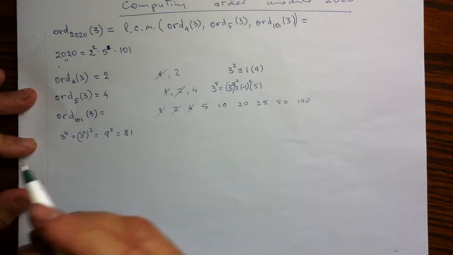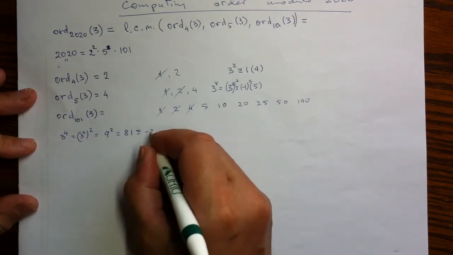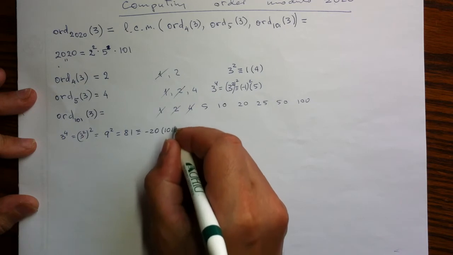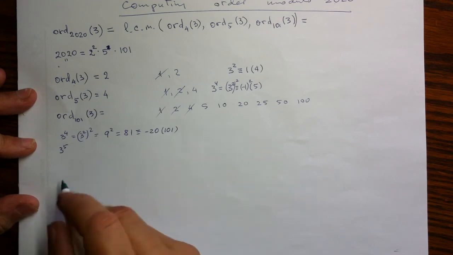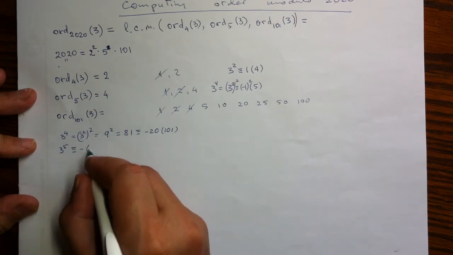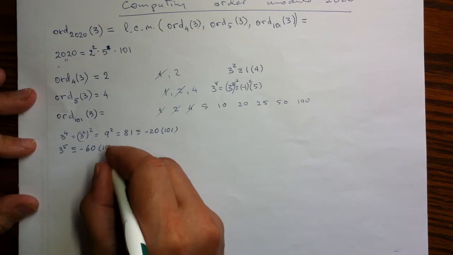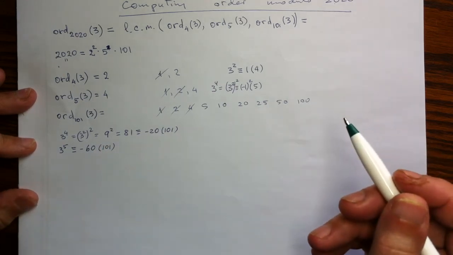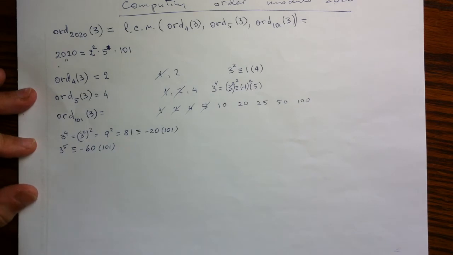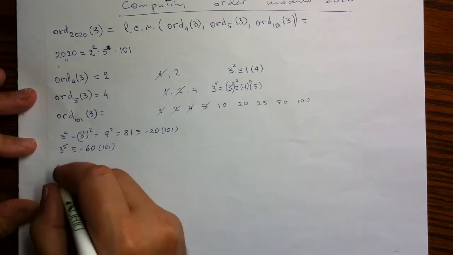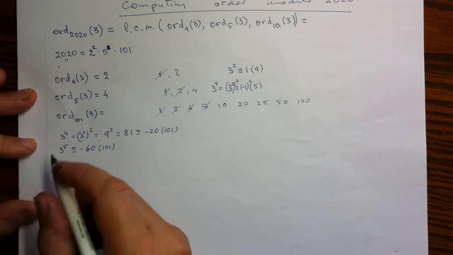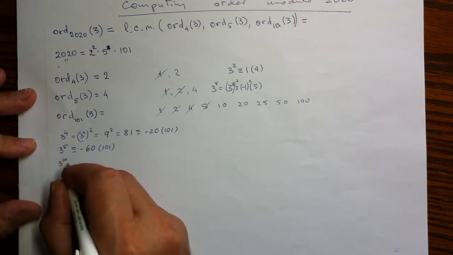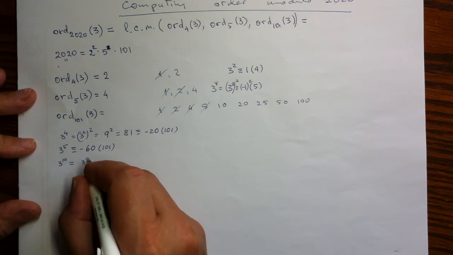And modulo 101, I can replace it by negative 20, which is easier to work with. So when I will be computing the fifth power, I'll be multiplying 3 by this, and that is negative 60 modulo 101, and that is still not congruent to 1, so 5 is not the right answer. And let's proceed to the next in line of divisors. So we can skip 6 and 7 and 8 and all that, because they are not going to work. And the 10th power we can compute as the 5th power squared.